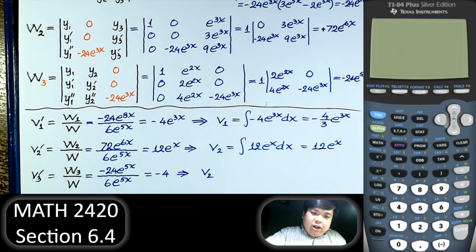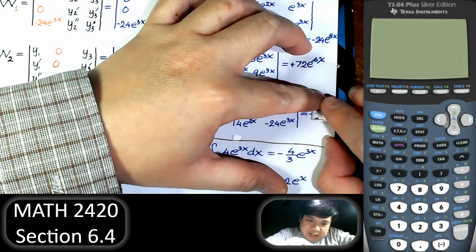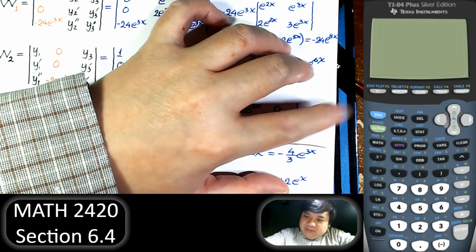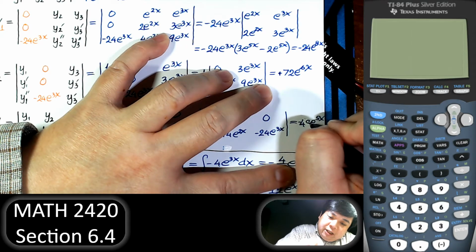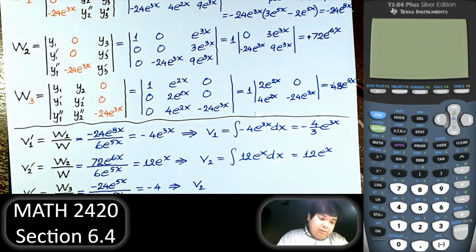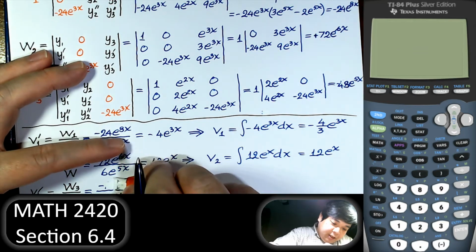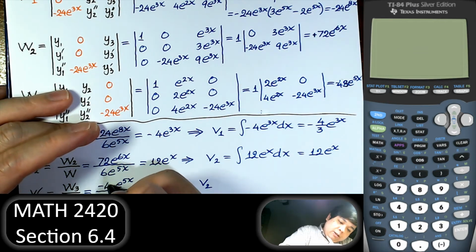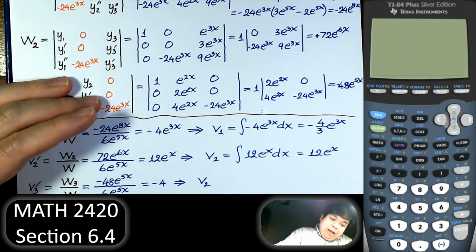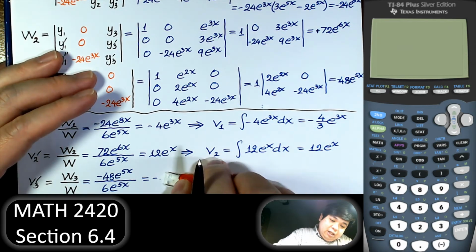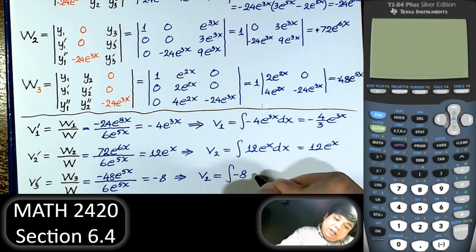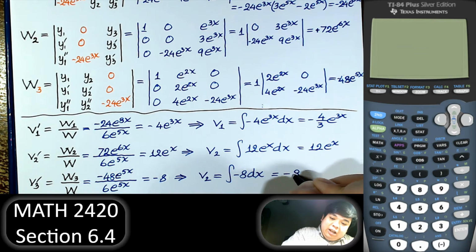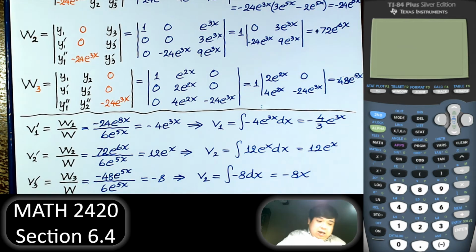If I multiply this correctly, sorry, that's 48. Can't even do the math. Sorry. Yeah, negative 48, and 48 divided by 6 is 8. So integrate negative 8 dx, that is going to be negative 8x. That is v3. Right, so we have all that.